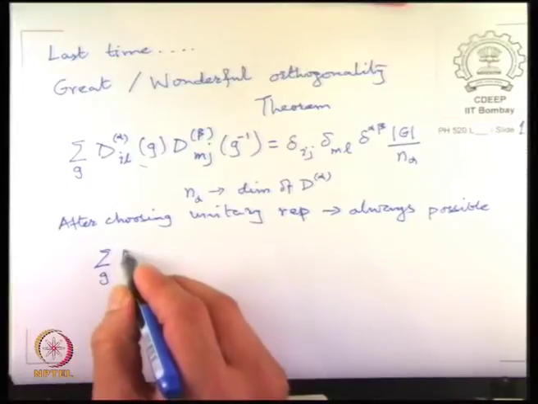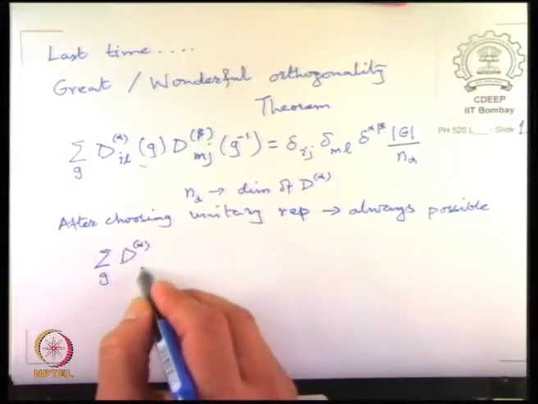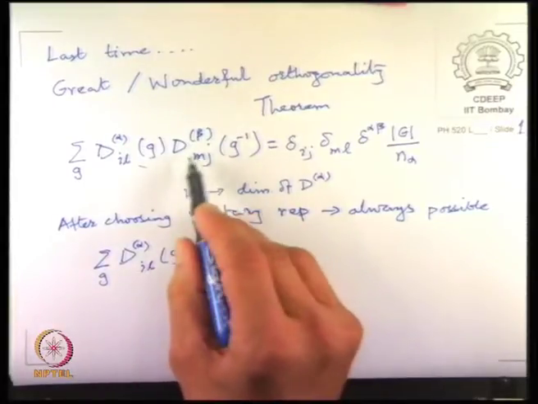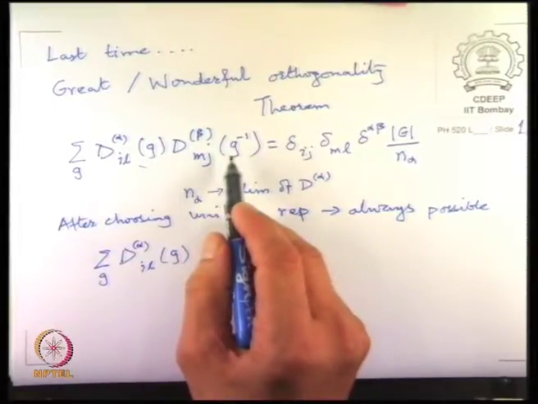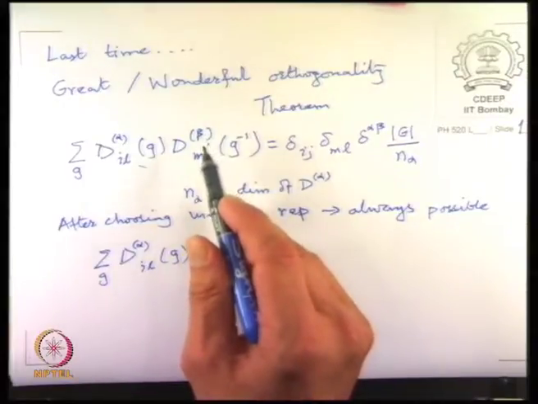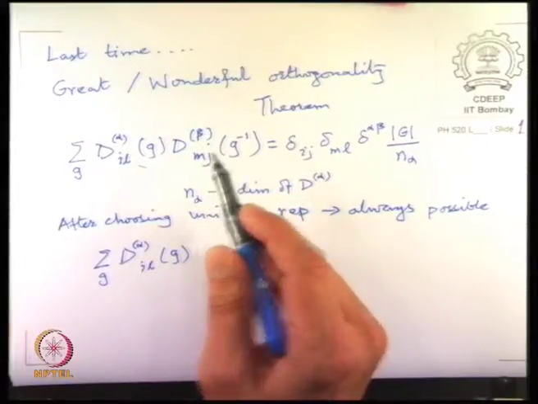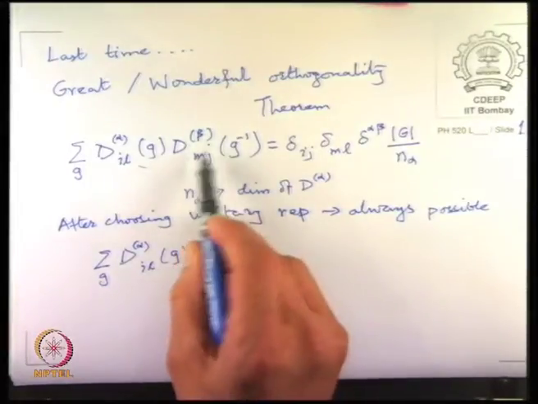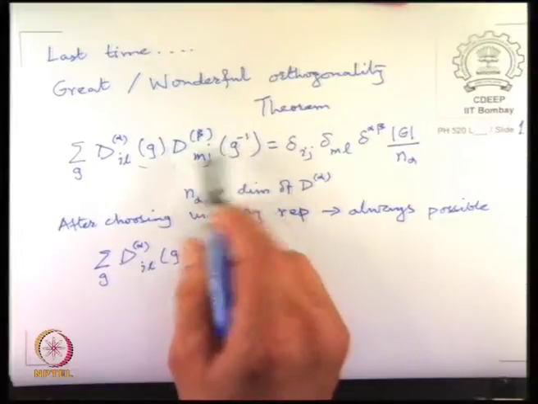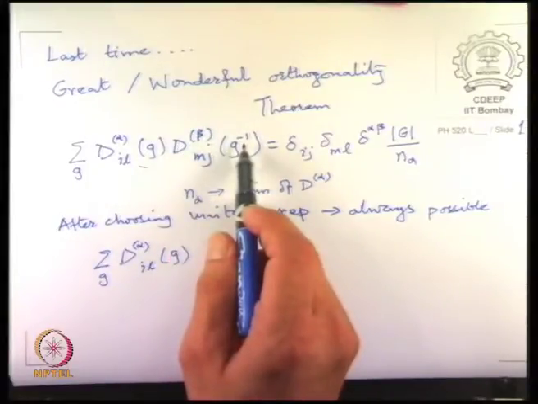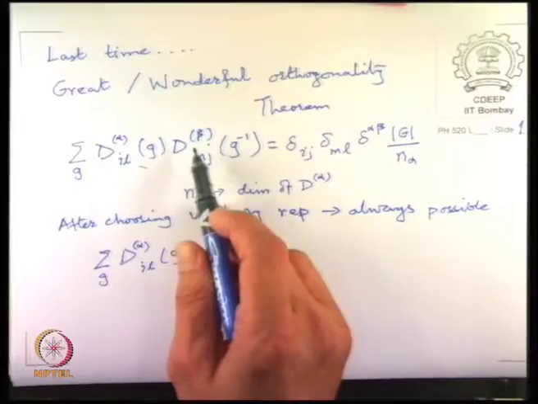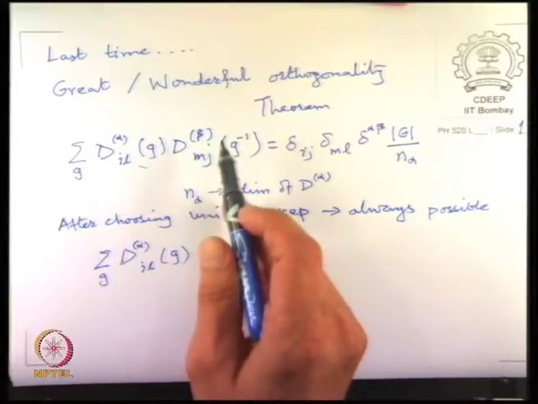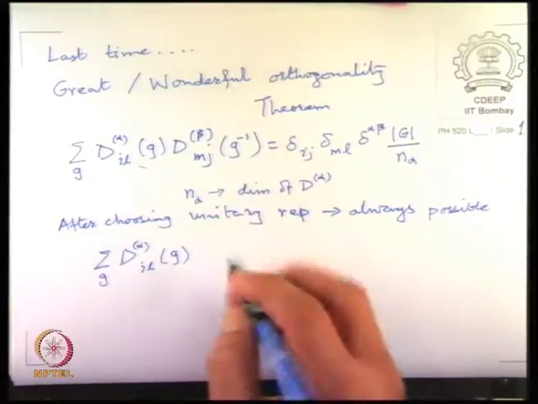sum over G of D^alpha_{IL}(G), and the representative matrix of G inverse would have to be the inverse matrix because it is a homomorphism, it realizes whatever the group does. So D of G inverse has to be the same as D inverse of G, but since it is a unitary representation, D inverse is simply the transpose complex conjugate.